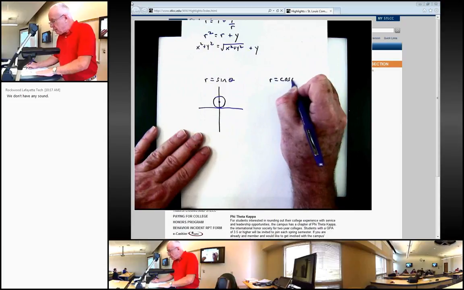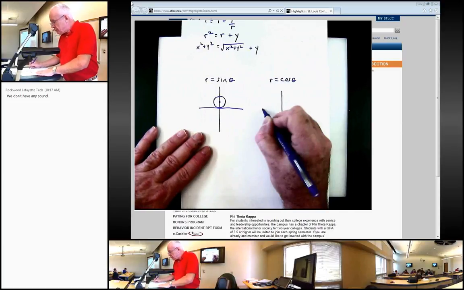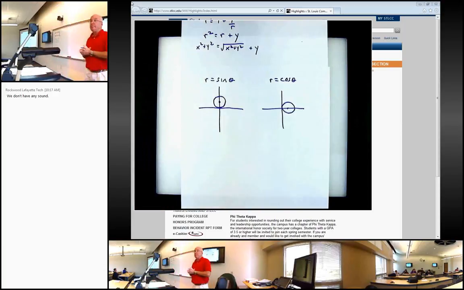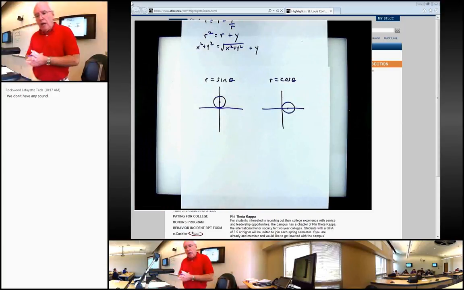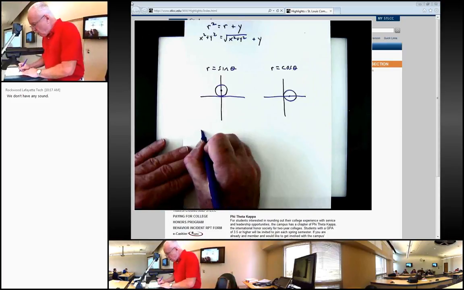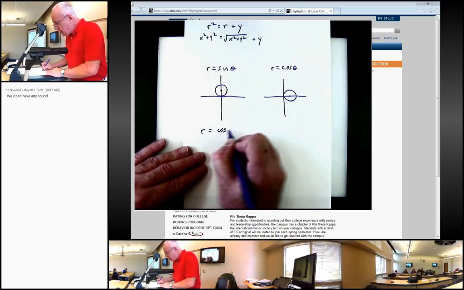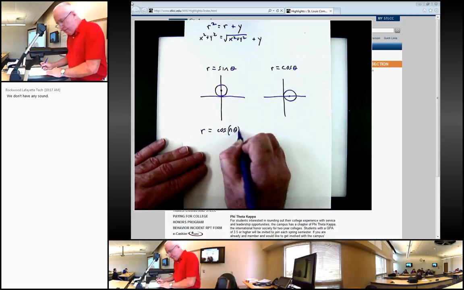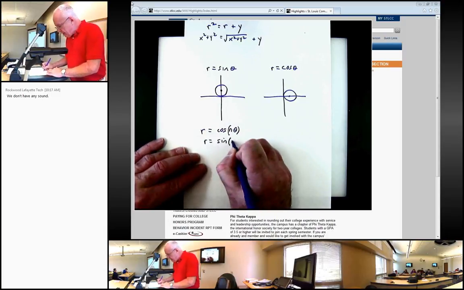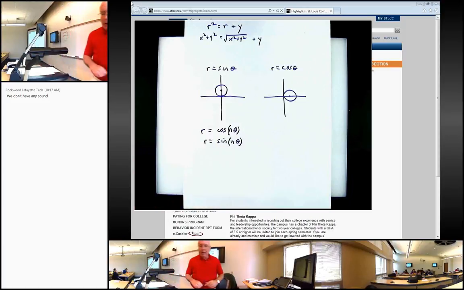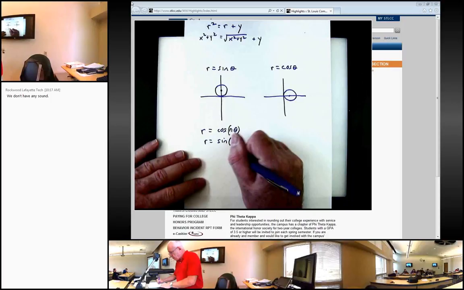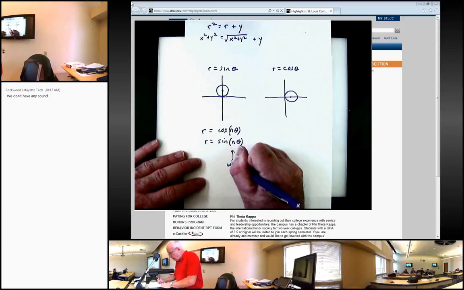R equals cosine of theta, it's going to be here, like this, off to the side when we graph it. R equals cosine of n times theta, and r equals sine of n times theta, where n is a whole number. Okay. A whole number.